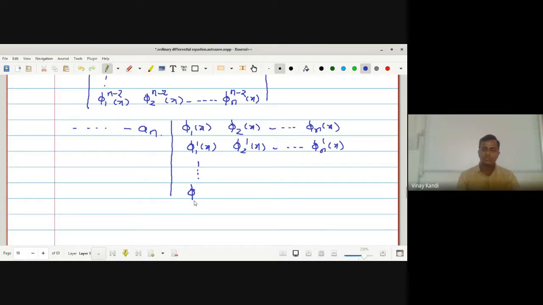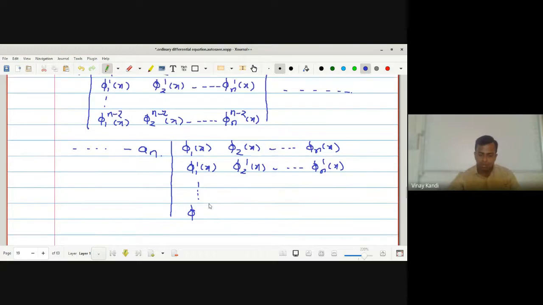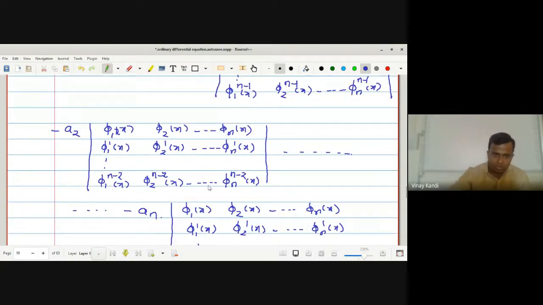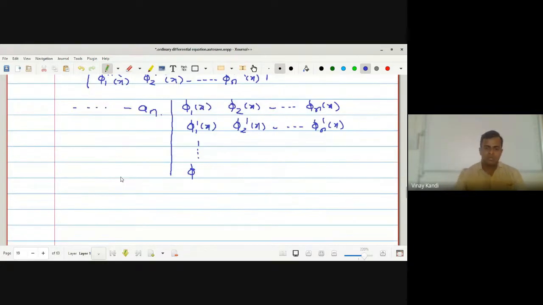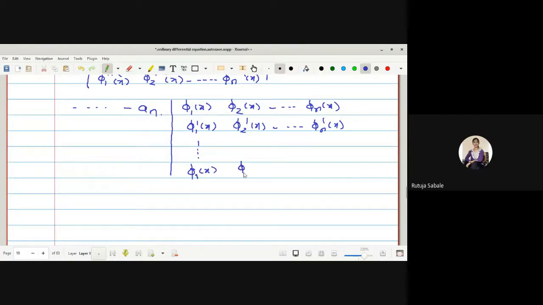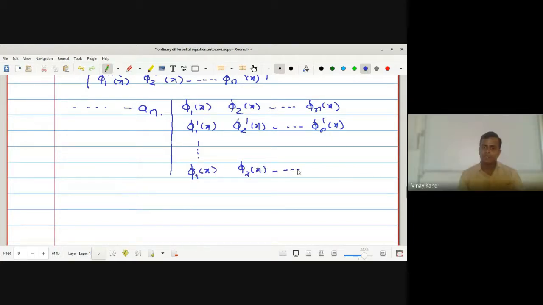Okay, put i is equal to n now. So n minus n is 0. So the 0th derivative means phi 1 of x only. Okay, any doubt? No, sir. Now here we get phi n of x.